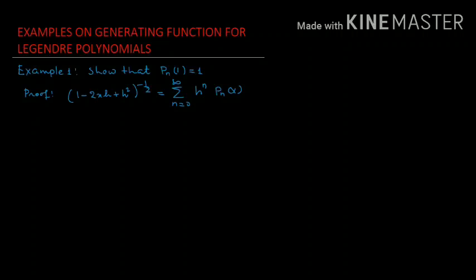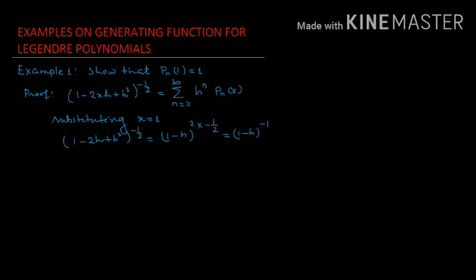Let us substitute x equal to 1. So we get (1 minus 2h plus h square) to the power minus half, which is equal to (1 minus h) whole square into minus half, that is equal to (1 minus h) to the power minus 1.